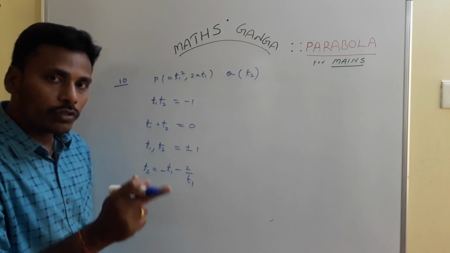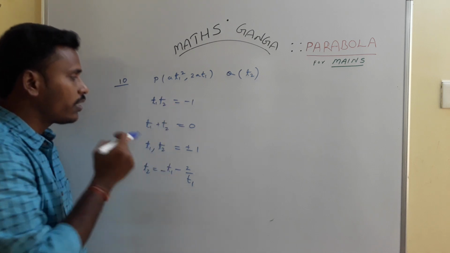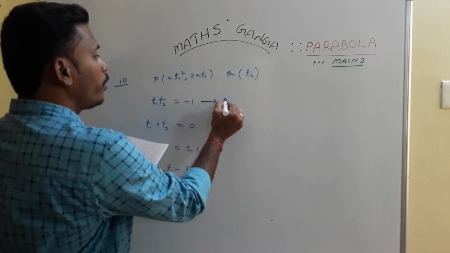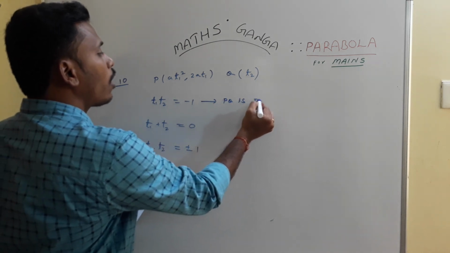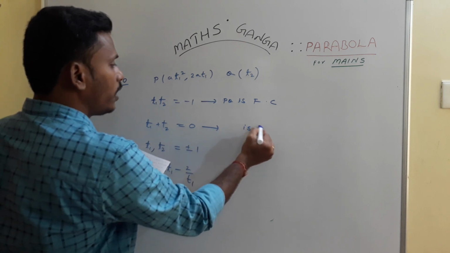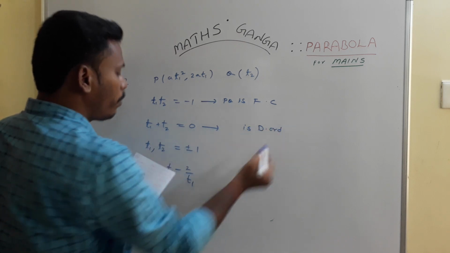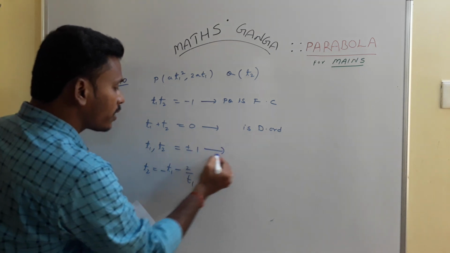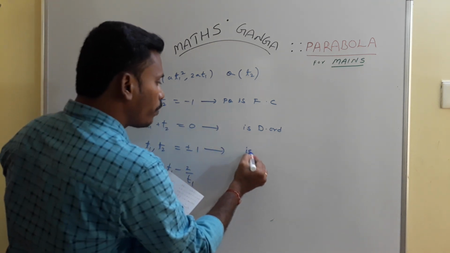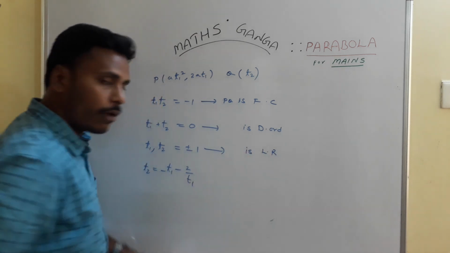If those two values t1 and t2 are connected with these relations, then in this case we will say that PQ is the focal chord of the parabola, and in this case we will say that PQ is the double ordinate of the parabola. And in this case, if the values of t1 and t2 are plus or minus 1, PQ is the latus rectum of the parabola.